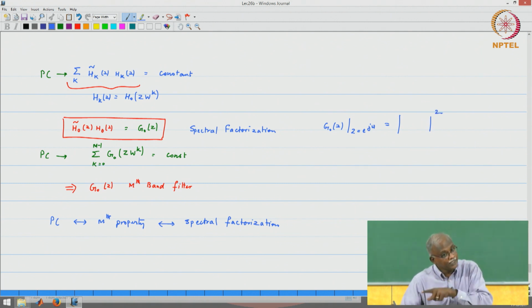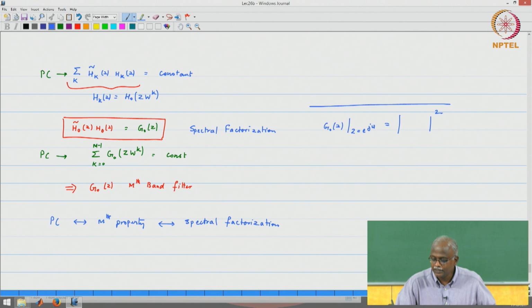If it satisfies that, then magnitude squared can always be factorized as a polynomial and its paraconjugate. No issues with that. So, I would answer your question: when can you always guarantee that G0 of Z can be factorized in this form? It is when this condition is satisfied, right.